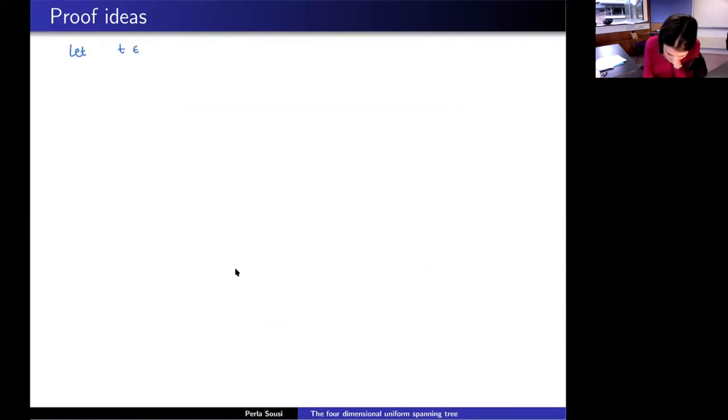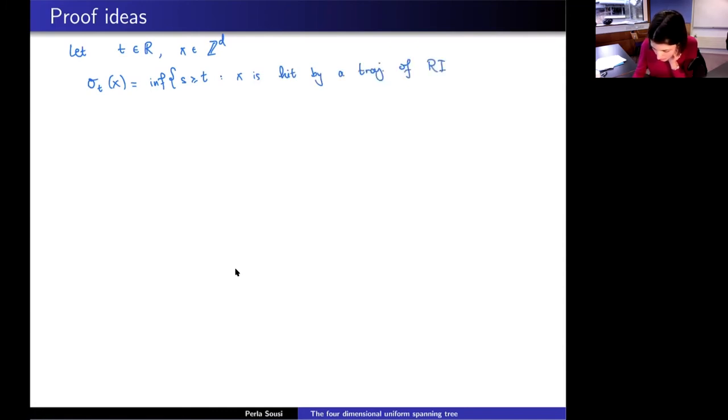If we have t in R and x a point in Z^d, I'm going to write sigma_t(x) to be the first time after time t that x is hit by a trajectory of the random interlacements process at time s. So we have these random walk trajectories that arrive in time, and then for every point x, I look at the first, so I define this after time t.